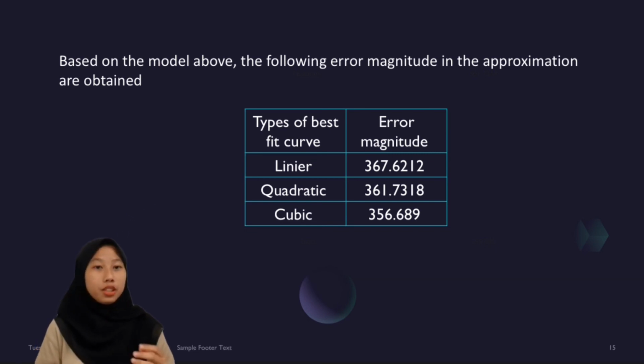As we can see from the table, the least error magnitude belongs to the cubic best fit curve, and the value is 356.689, which is less than the linear and quadratic best fit curves. So we only stop at the cubic best fit curve because we already found that it is less than linear and quadratic.